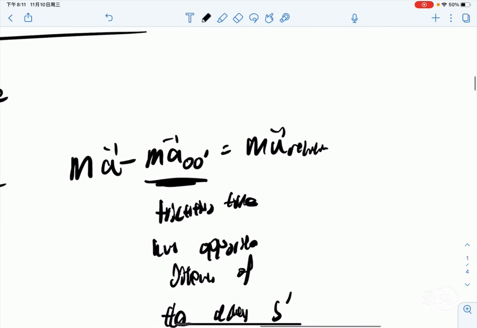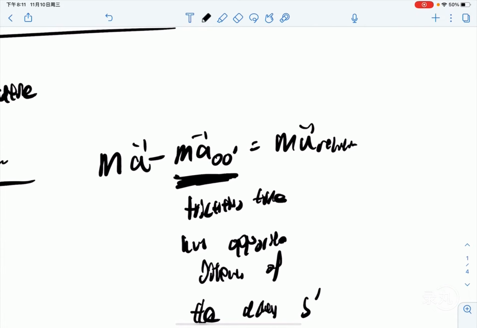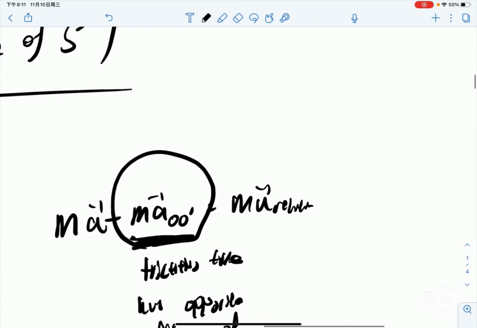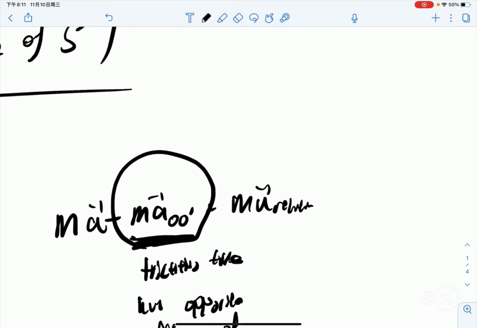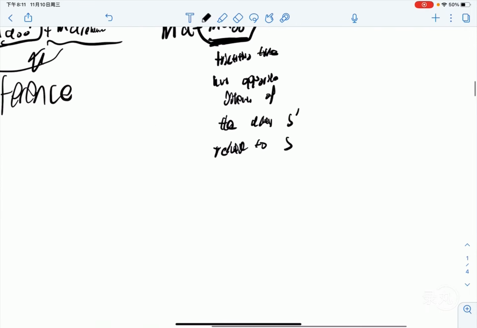So if we put this in a non-inertial frame of reference, I'll explain what an inertial frame of reference is, just to clarify.